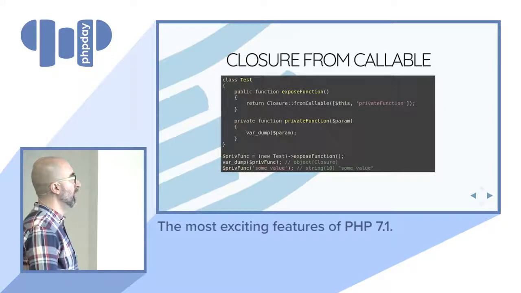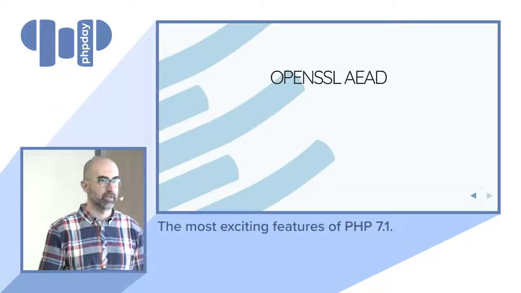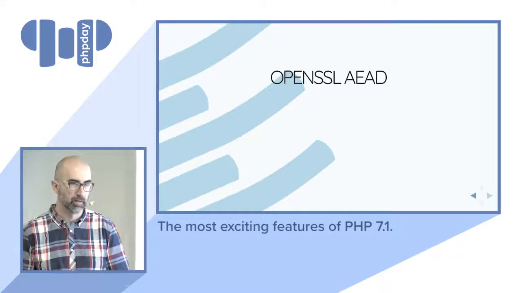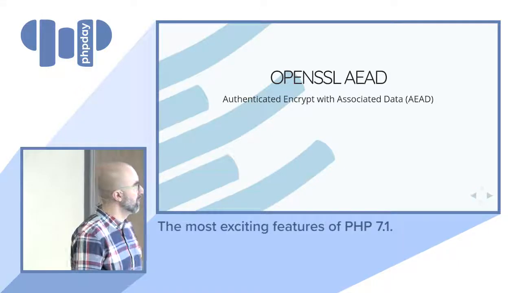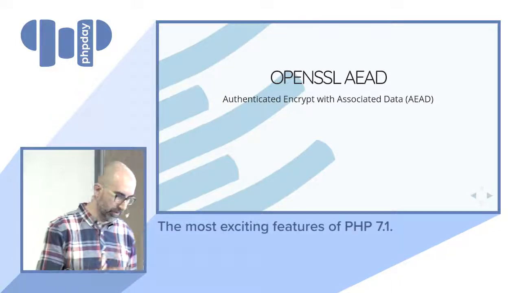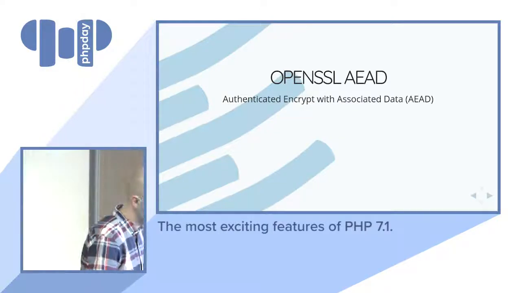Okay. Another important feature for security in PHP 7.1 is the support of authenticated encryption in OpenSSL. This is very important. Actually, 7.1 also supports authenticated encryption with associated data. What is that, and why is it important?